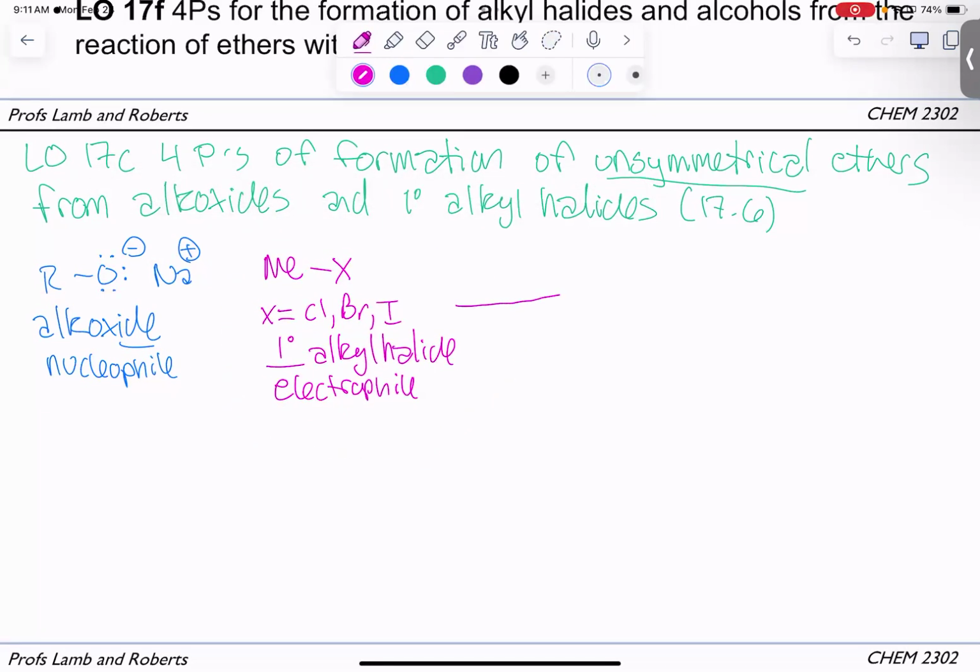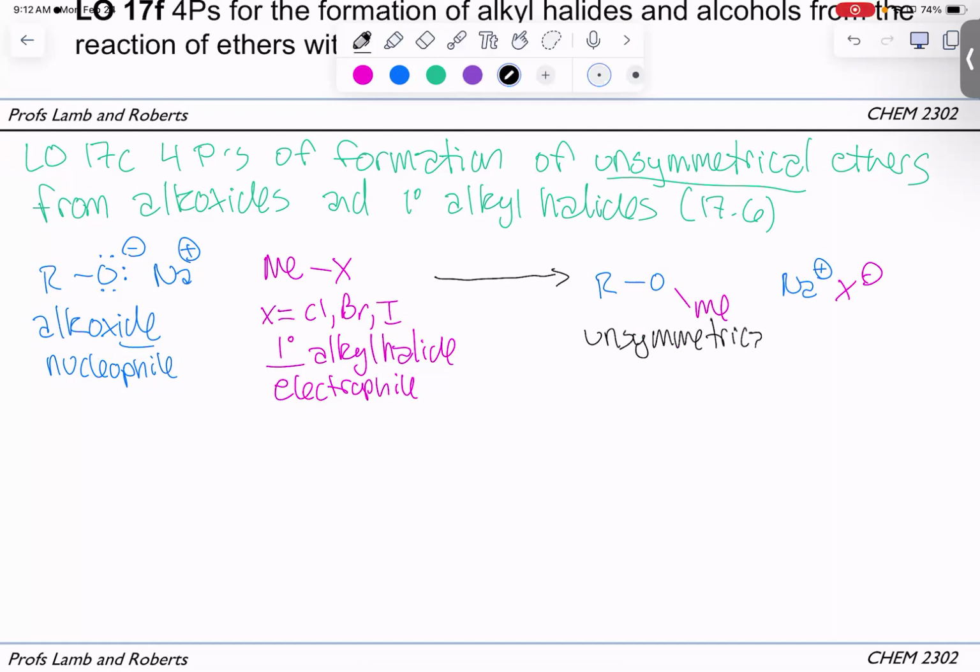Okay, so what we have in this reaction is an unsymmetrical ether as our product. So we have RO that is now bound, in this case, to our methyl group. Our byproducts of the reaction are, of course, our sodium plus, and then our X minus from our halide. We see that this is an unsymmetrical ether. Right, and so sometimes for unsymmetrical ethers, we call this the Williamson ether synthesis.